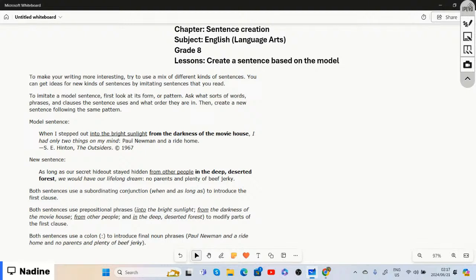For example, in the first sentence it introduces Paul Newman and a ride home. And the new sentence introduces no parents and plenty of beef jerky.